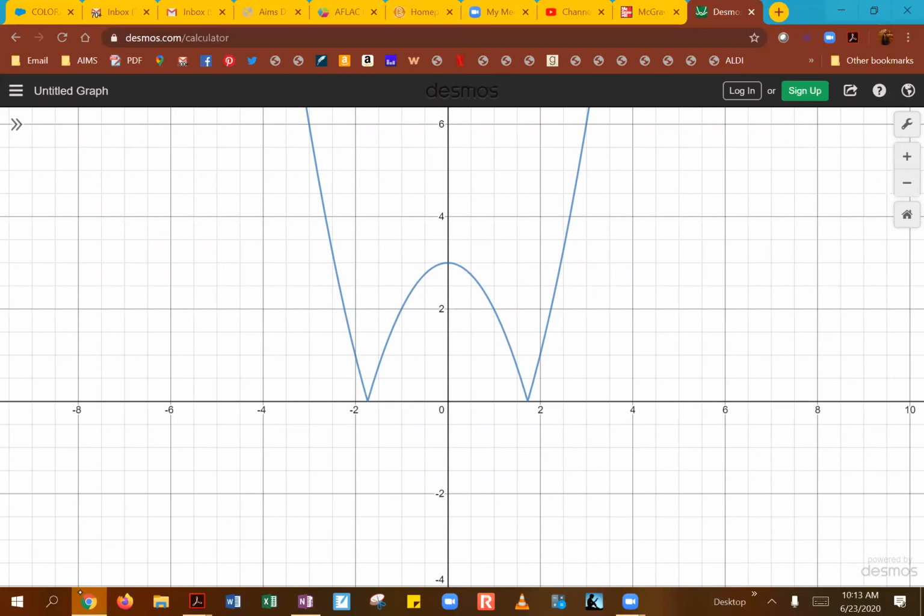And if you fold along the y-axis, you can see the two halves will coincide. Or you can also think about this in terms of distances. If you take the distance from this point over here, and you take the distance to the other side, this distance will be the same as this distance. So again, it has that symmetry with the y-axis. That's what you are looking for when you are doing these examples over here.